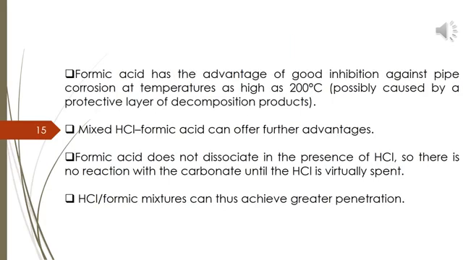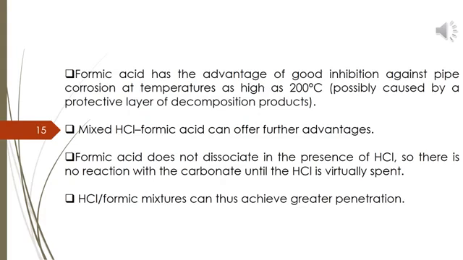Formic acid has the advantage of good inhibition against pipe corrosion at temperatures as high as 200 degrees centigrade. That is possibly caused by a protective layer of decomposition products.